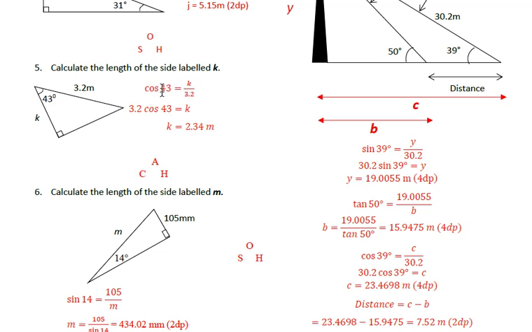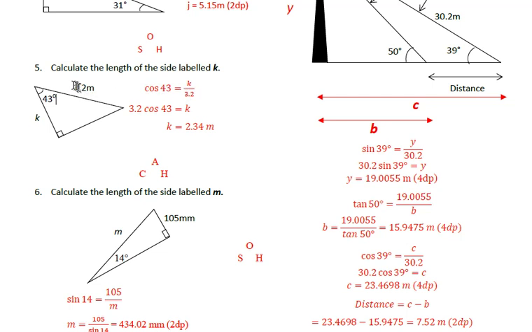Cos of the angle given, 43 degrees, equals, make sure you put the equals in there. Now we have to do the A. Now the A value next to the 43 degrees is in fact K. So instead of A, we will use K. And then H, so think of C, A, H down the bottom.